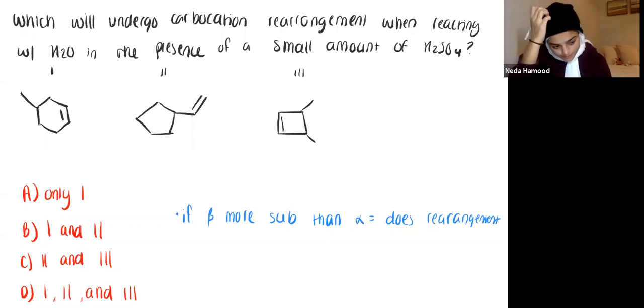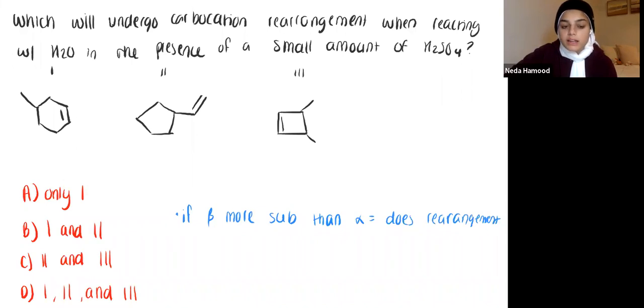So in this case, we kind of have 2 beta carbons that would be able to react, because we're looking at what would happen if it were to become a carbocation.